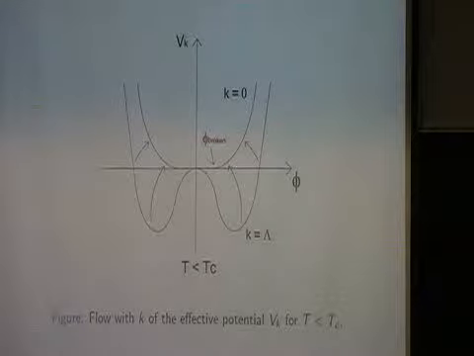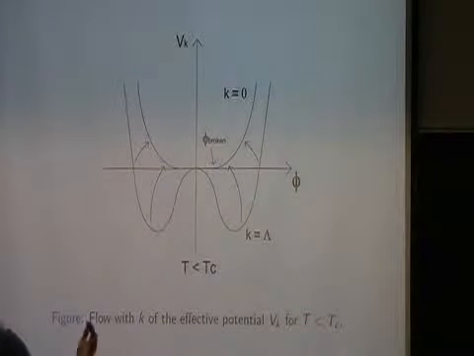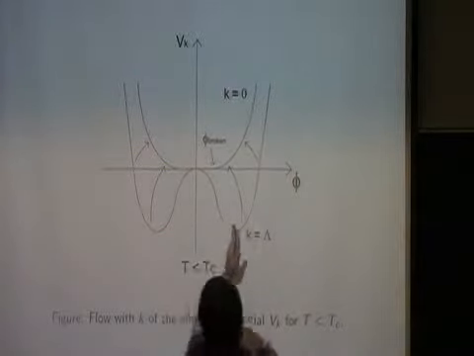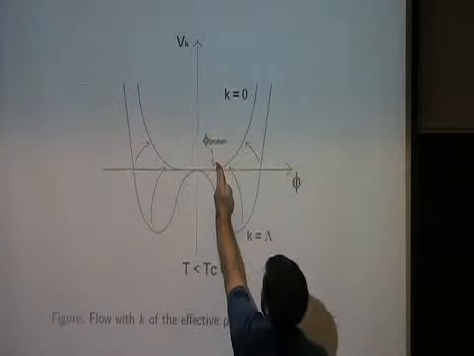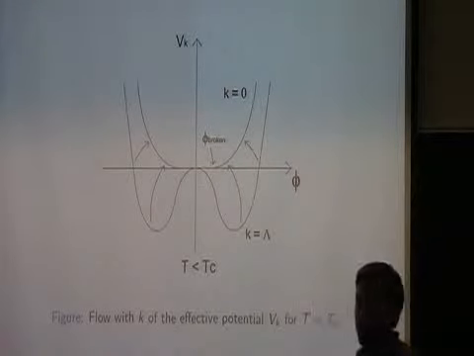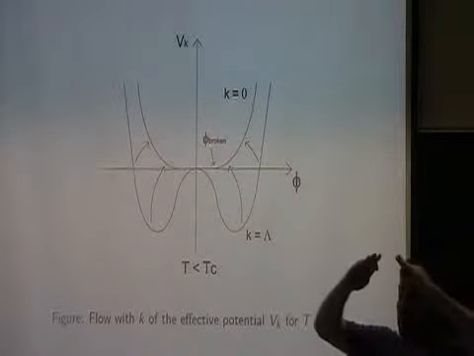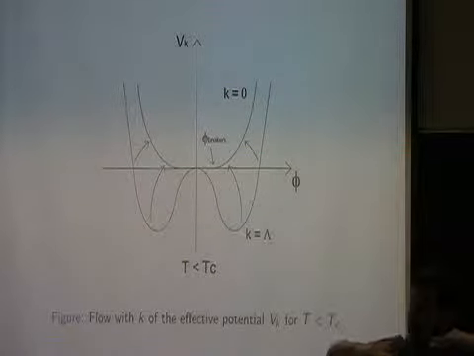But what happens if you are in the broken phase? In the broken phase, you begin with something which is very similar, but the minimum evolves and does not reach zero. And in the intermediate region, the potential tends to a constant. That's the correct physical behavior.